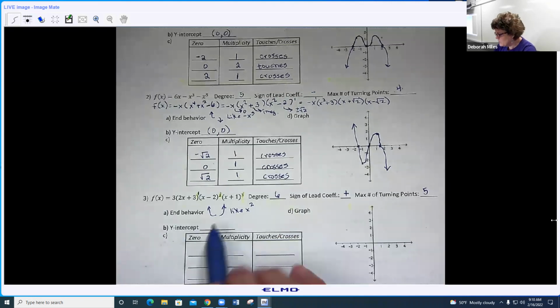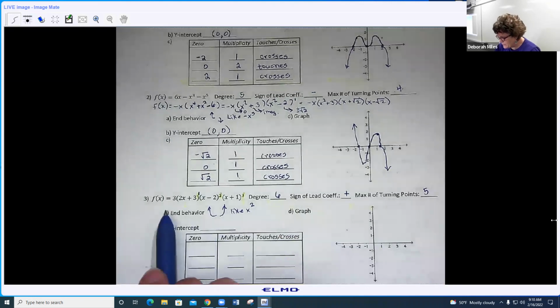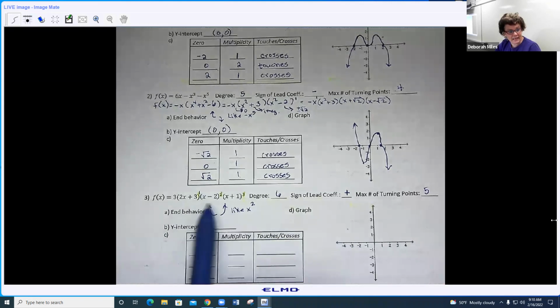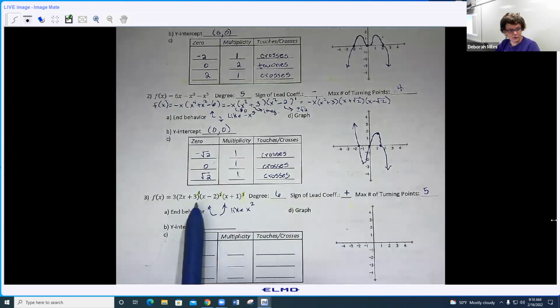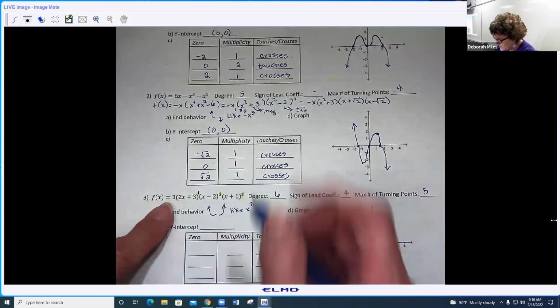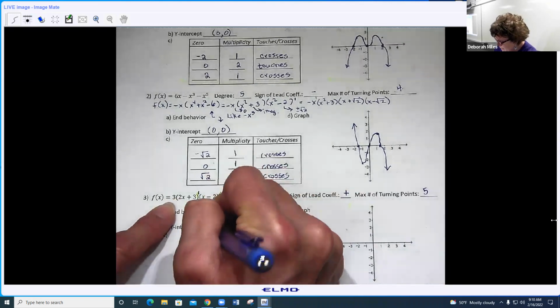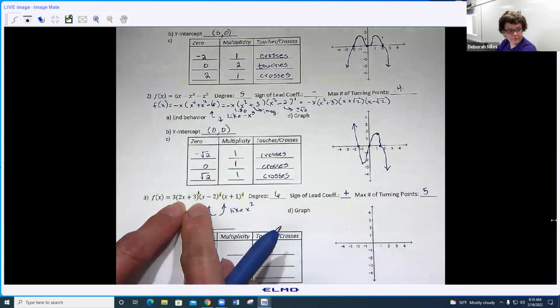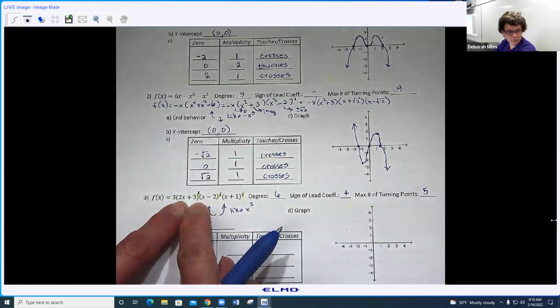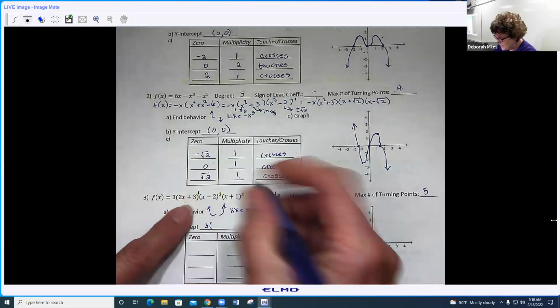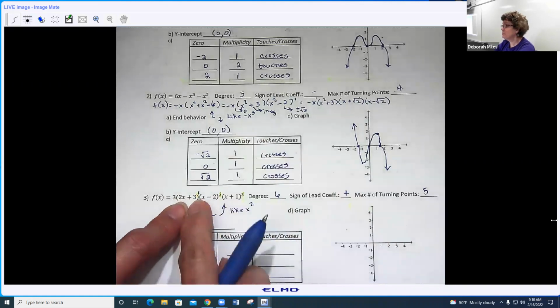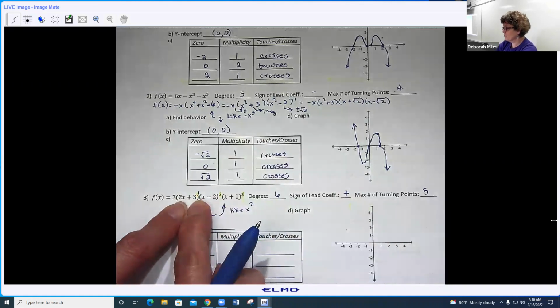The thing that's a little bit harder to find when it's in factored form is the y-intercept. Just make sure you're letting x be 0 in each one of those factors. I'd have 3 times, if I let x be 0 in the first factor, what would I get? No, I'm letting x be 0, not letting the factor be 0.